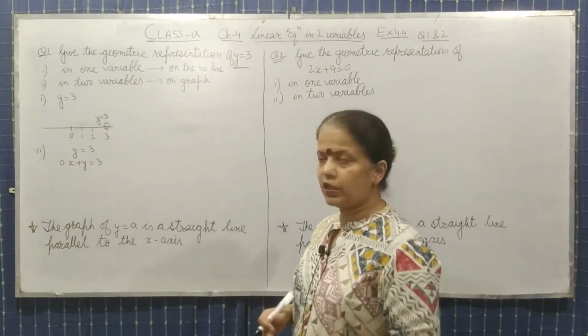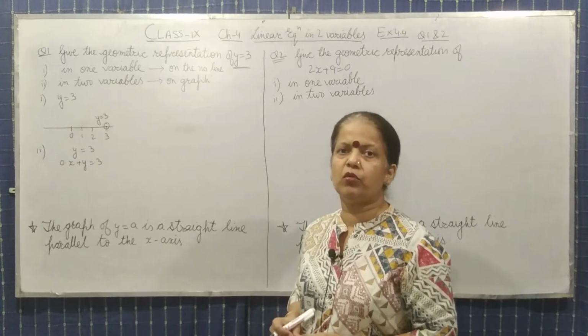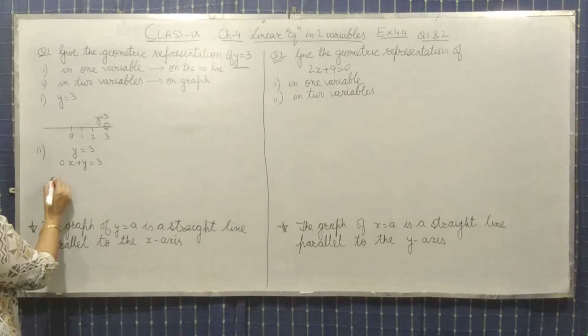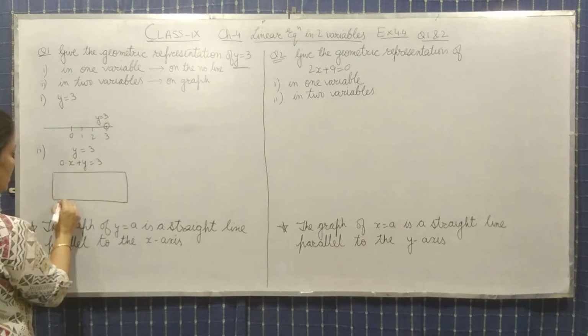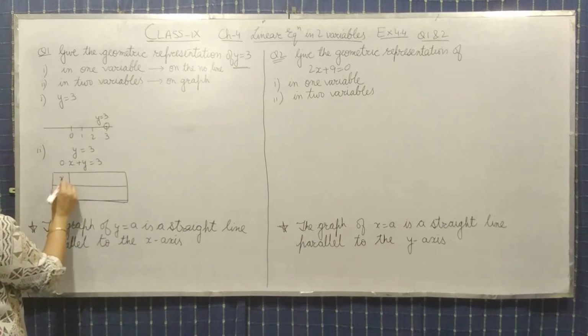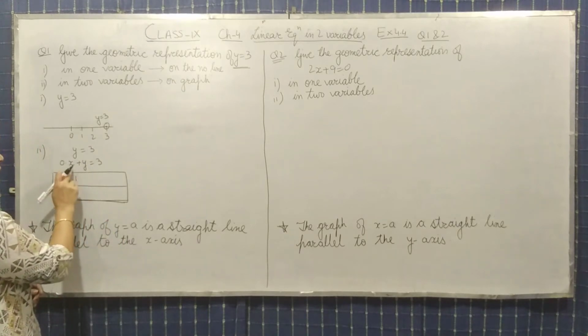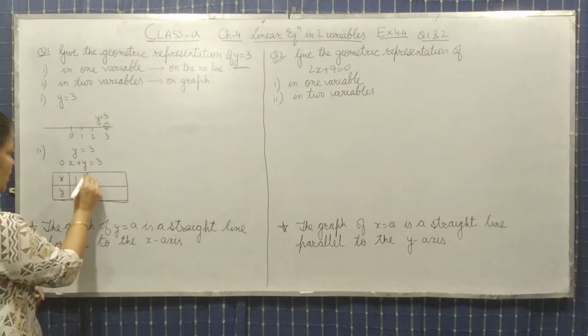Now for this linear equation in two variables, we will try to draw the graph. For a graph, again you need the solutions. You have to find the x and y values. Take x value as 1. If you put x as 1, then y will come as 3.